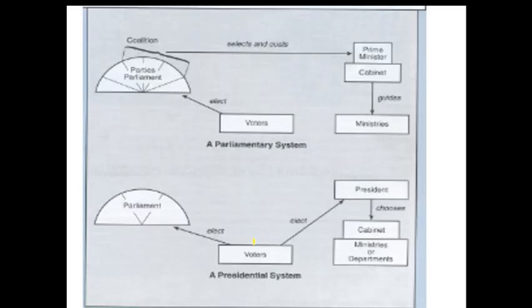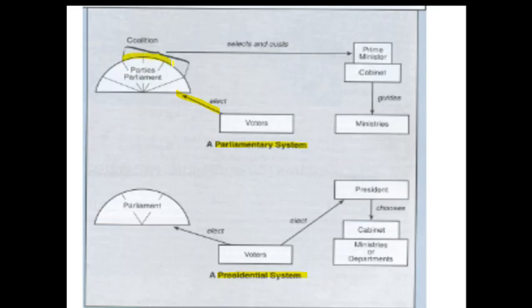Now, I apologize for the fuzzy haziness on this little graph here, but this was a very useful little graph that shows the major difference between the parliamentary system here and the presidential system here. Despite being unable to read some of this stuff, you can see that in a parliamentary system, the voters elect the parties who are going to control Parliament.